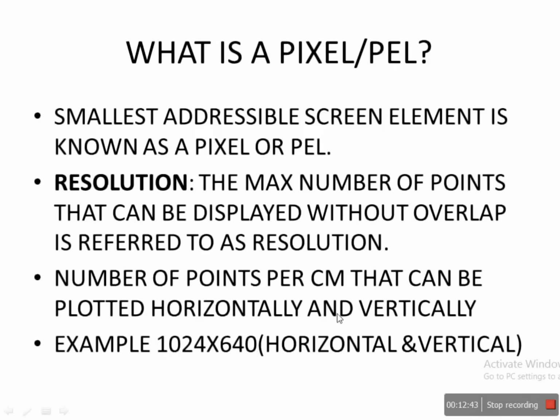So it is basically the number of points per centimeter, horizontal by vertical. How many points are there horizontally and how many points are there vertically? As you can see, the screen is actually wider and not that long as compared to the width. The width is always more than the length. So that is how it is, horizontal versus vertical.